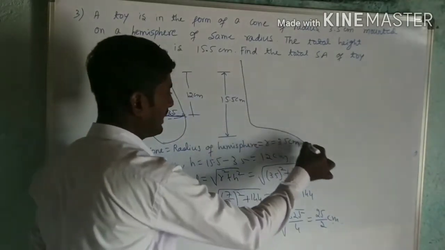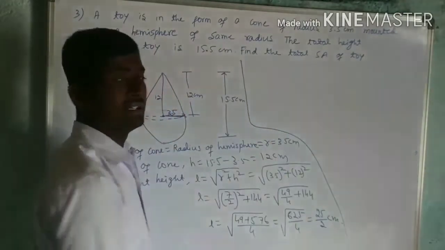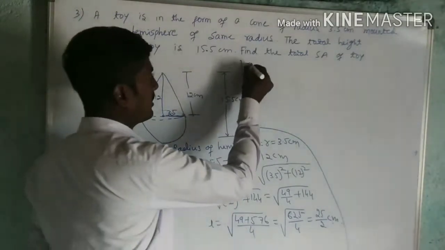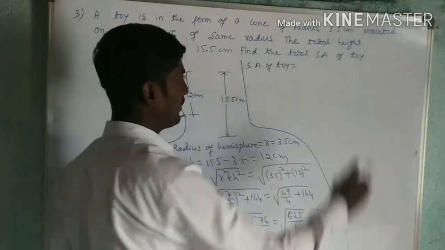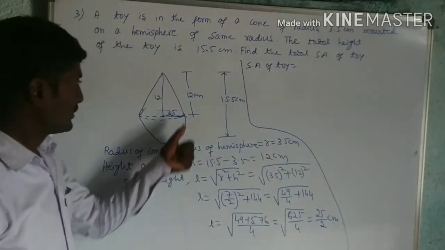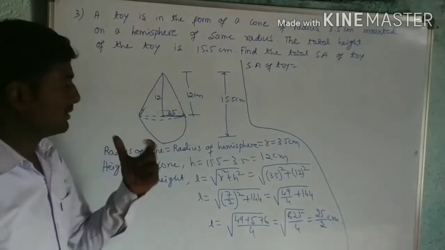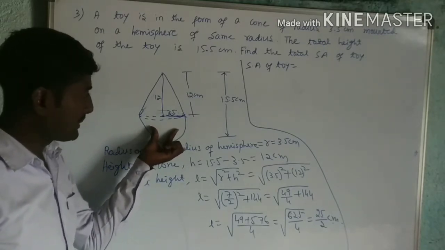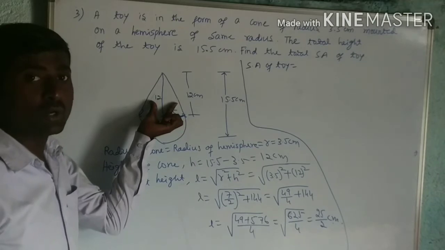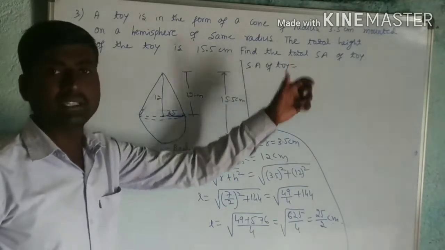Now we have to find the surface area of the toy. Surface area of toy is equal to, now how can I write? This is the solid or toy. So this is CSA of hemisphere plus CSA of cone, which gives the surface area of the toy.